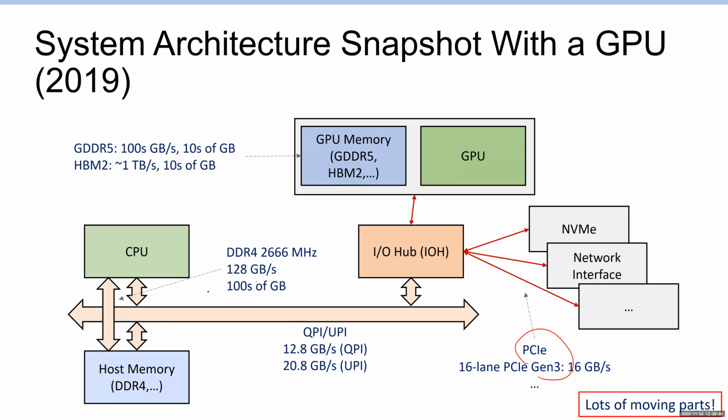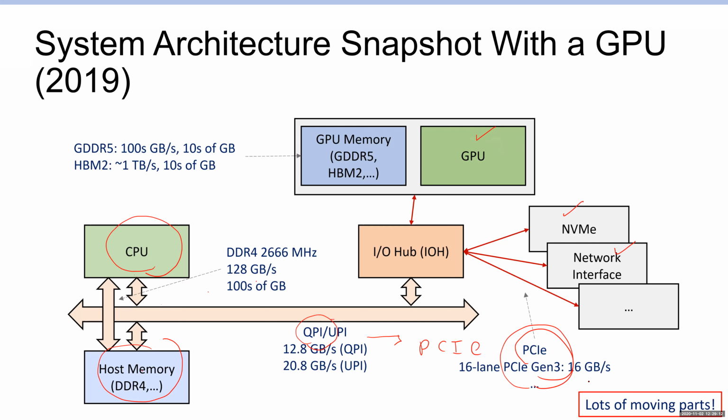You have your CPU, which has a memory controller able to access the memory over here. But how does your CPU communicate with the hard drive, the network interface card, or the GPU? It uses the Intel QuickPath Interface, but it still goes through the PCIe lane. That's why a PCIe lane can be a bottleneck.